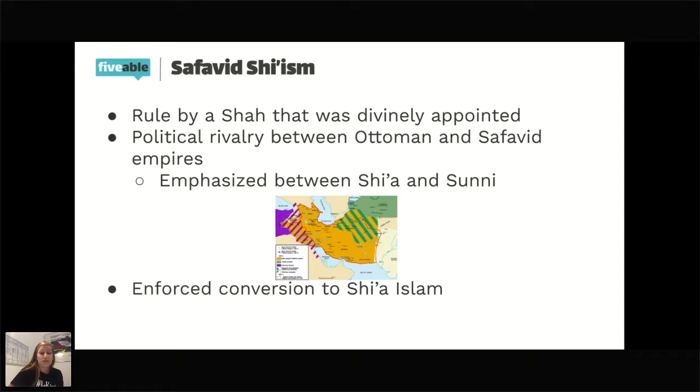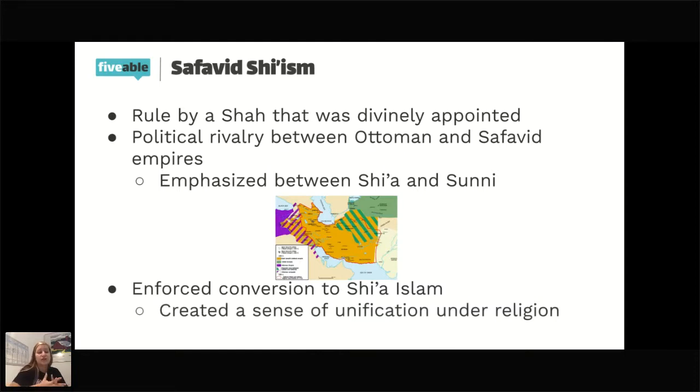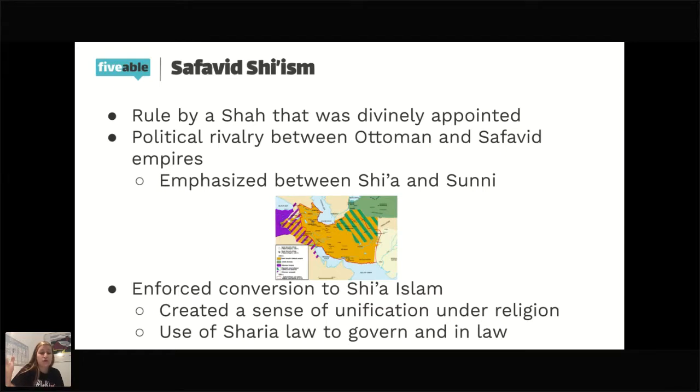The Sunni ulama, the councils, are going to be in some areas eradicated, wiped out, sometimes killed, or evicted from Persia. They're going to try to create a sense of unification under Shia Islam by using Sharia law and the Shia religion. They're really going to enforce this unification.